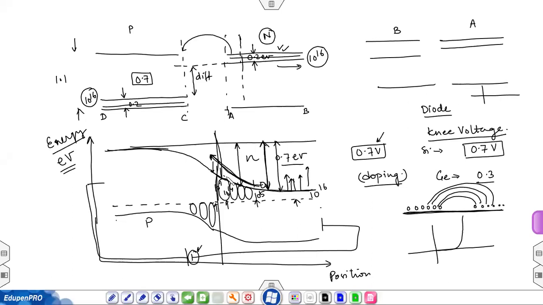The majority charge carrier electrons, which were not able to move because of the internal electric field, now the external electric field dominates over it, so the movement of the majority charge carriers starts.